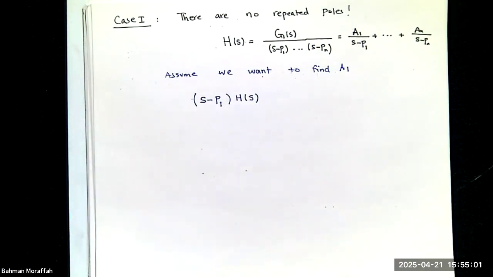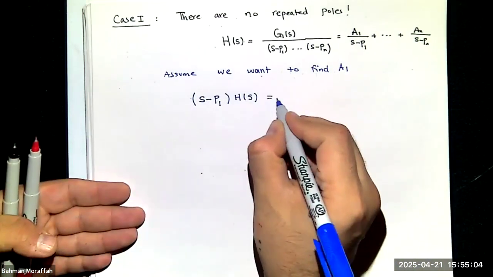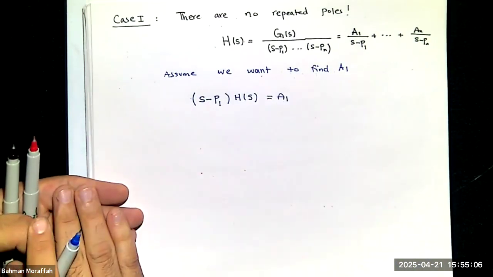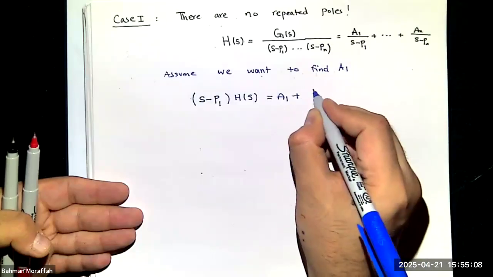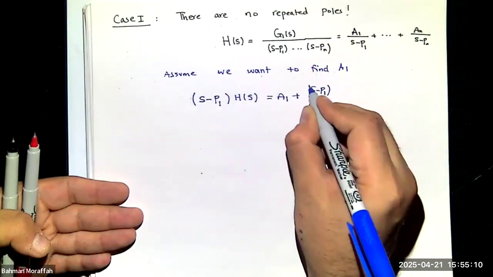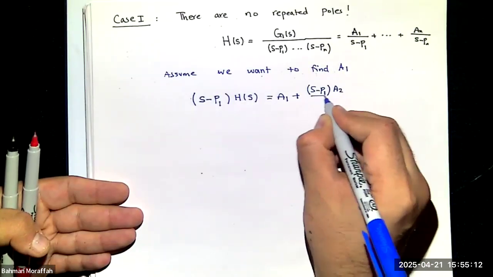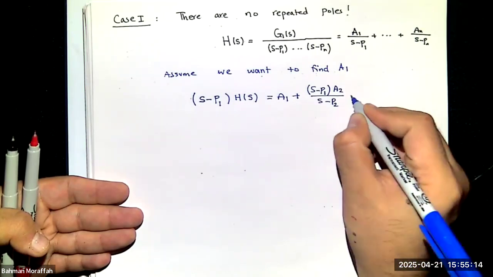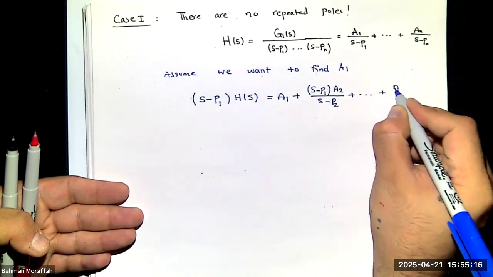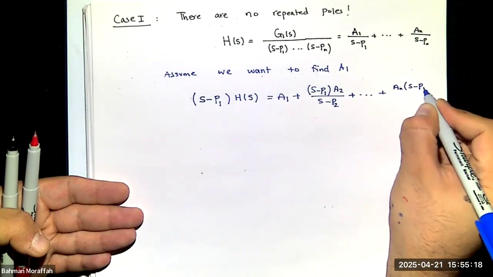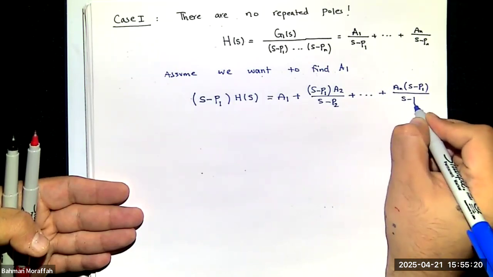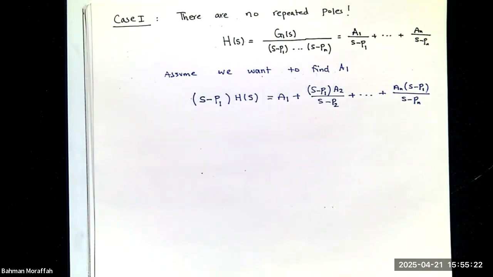On the other side, I get A1 plus (s minus p1) times A2 divided by (s minus p2), all the way to An times (s minus p1) divided by (s minus pn). Do you agree with that? I'm just multiplying both sides by (s minus p1).